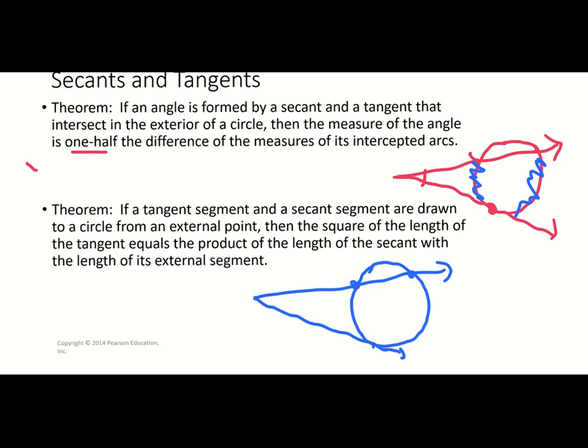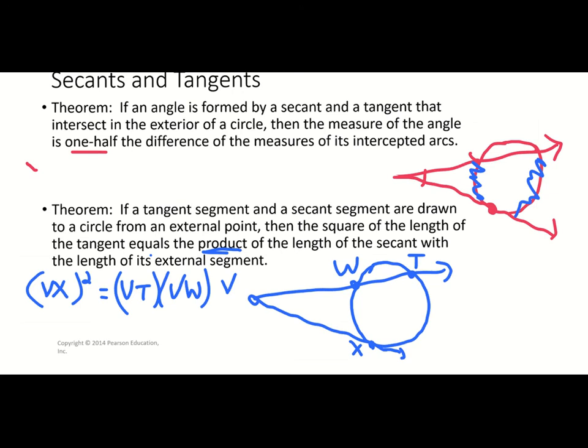So let's label these. We'll do T, W, V, and X. So it says if a tangent segment and a secant segment are drawn to a circle from an external point, then the square of the length of the tangent, so my tangent is VX, so if we square VX, it is equal to the product, so the multiplication, of the length of the secant, so the secant would be VT, times the length of its external segment, or VW.